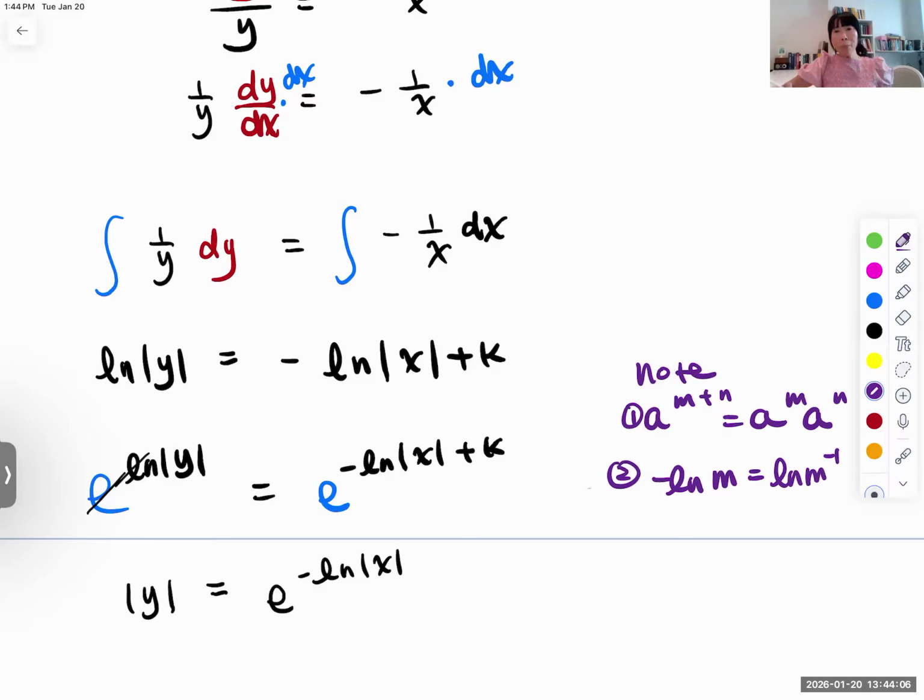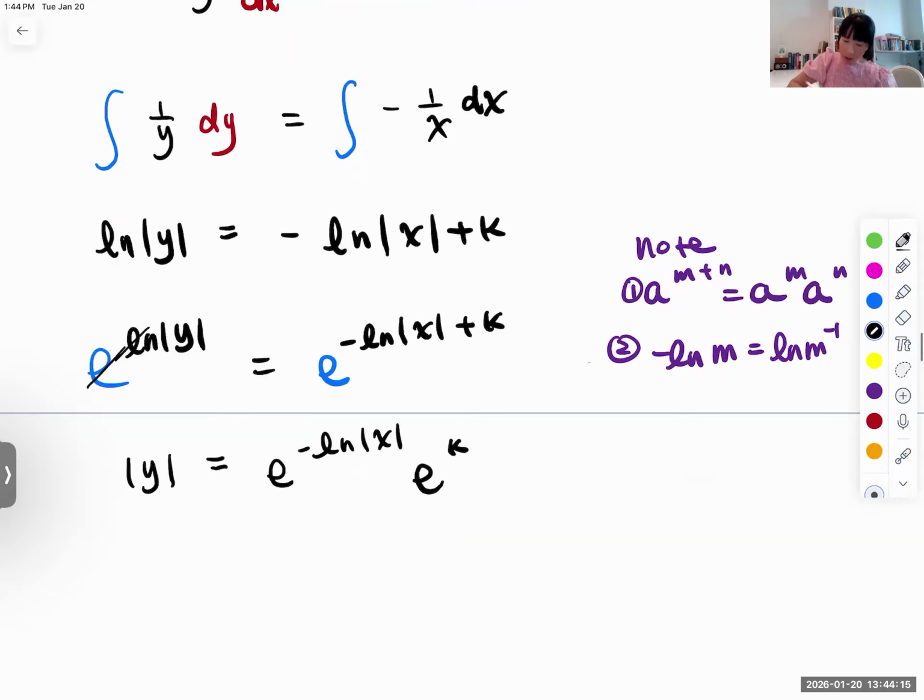Yeah, that property we are using. Okay, so then we have e to the k power. Then we can, I want to use negative 1 here.